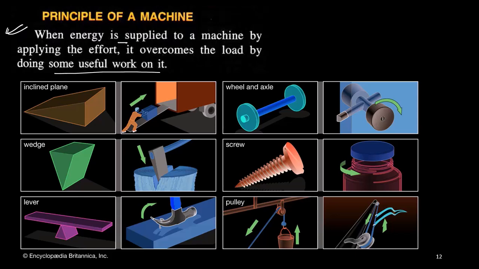So this ratio has to be maintained as the efficiency of the machine, and that is the basic principle of any machine: some amount of energy has to be supplied to the machine to overcome the load.